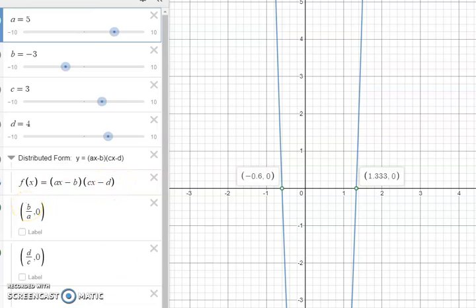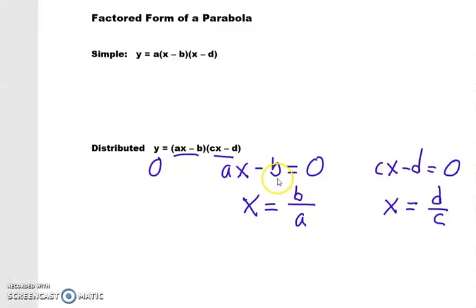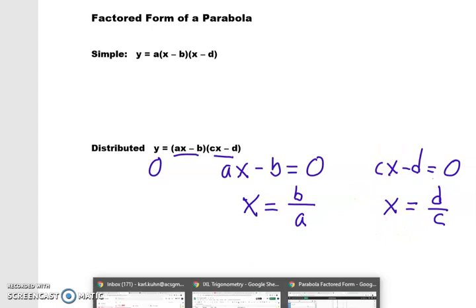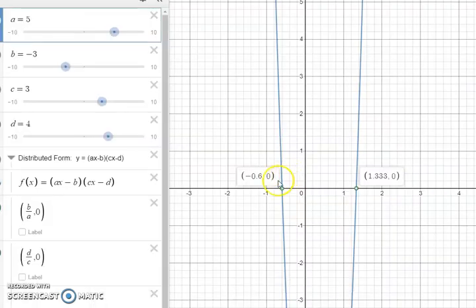And again, that's easy to show, as we already did. When you solve each piece, minus b gets added to the other side for positive b, then you divide by the a. Same thing for the c and the d. So on our graph, we can see the relationship exists right there, and we can pick any denominator we want, and that's going to work for the same reason.